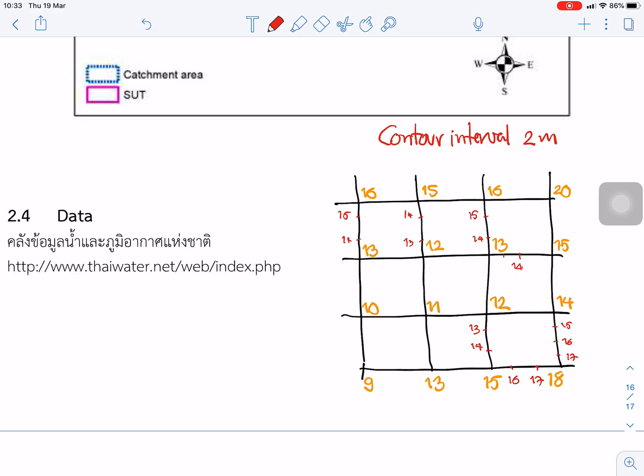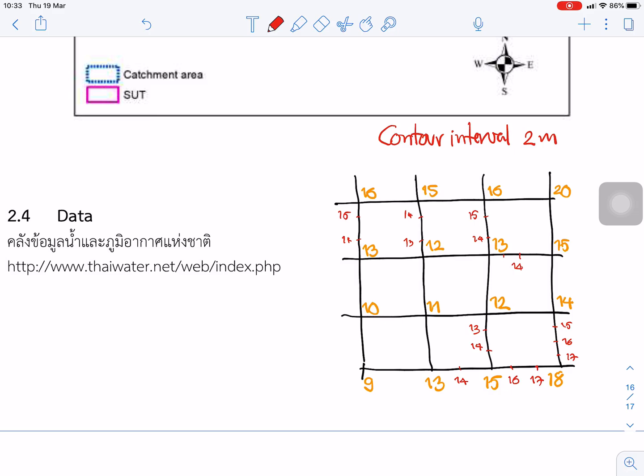Okay, now you can see on this one, from 13 to 15, the first line is at 14. We can connect the line between the 14 and the interpolated points.